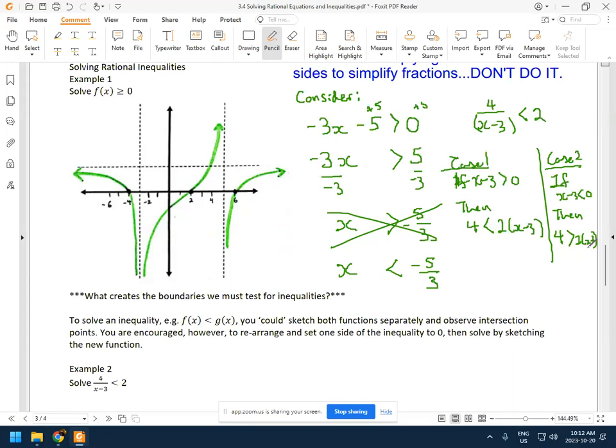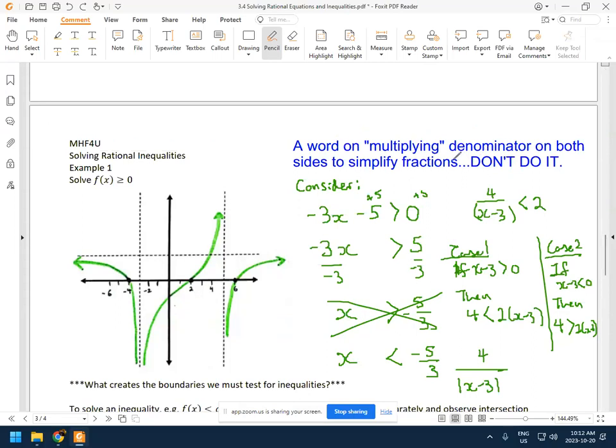The only time I think this is necessary is if you go to university and you deal with absolute values, absolute functions, where you don't know if the inside is positive or negative. And so let's not ever multiply denominators to both sides.